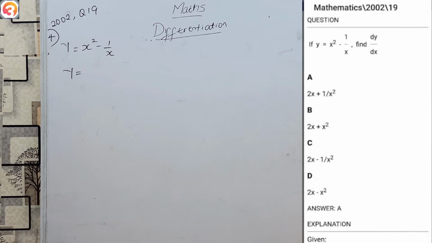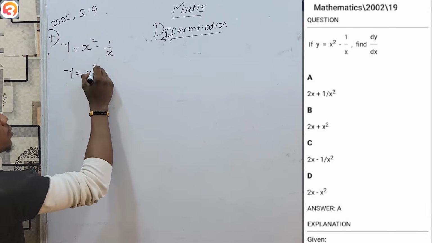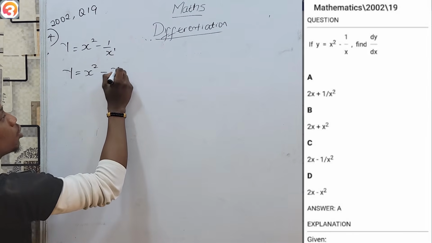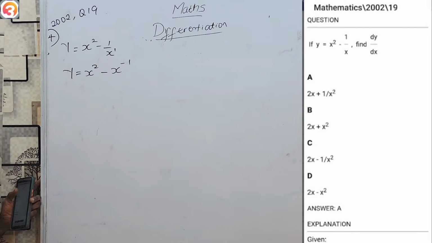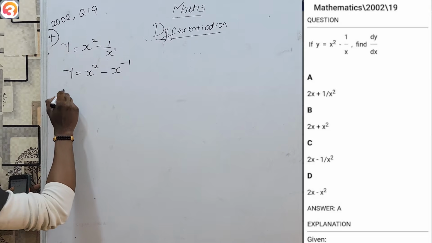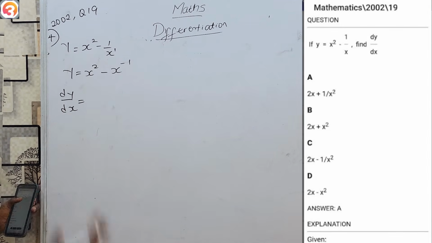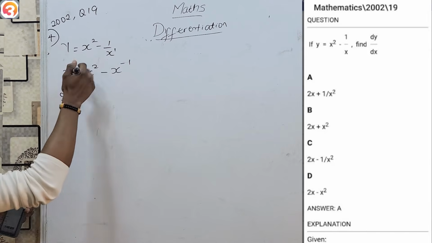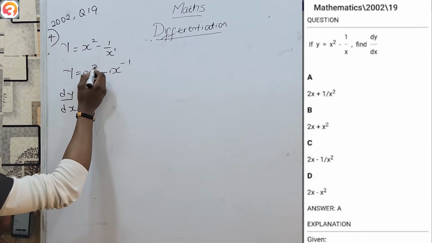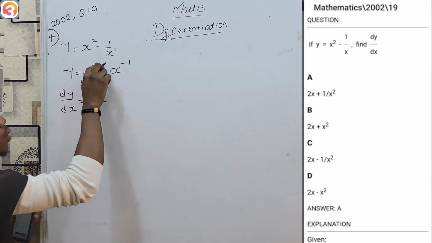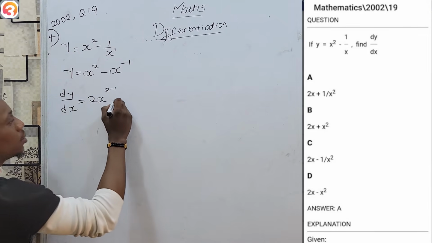As we saw from number 3, if we have a denominator, this is power 1, it can simply come up, becoming x raised to power minus 1. And then I can apply my dy dx because they are subtracting, that's chain rule. There's a 1 here, obviously, there's a 1 here. 2 times 1 is 2x raised to power 2 minus 1.